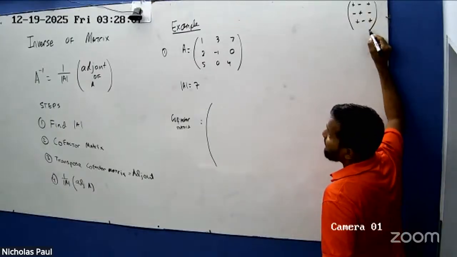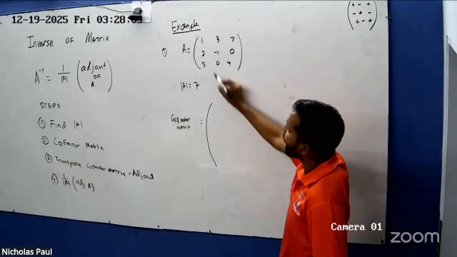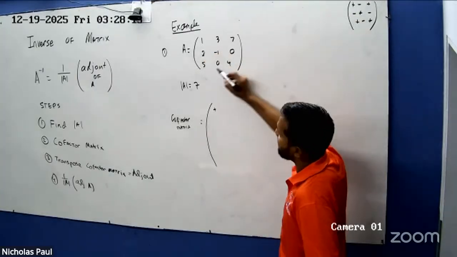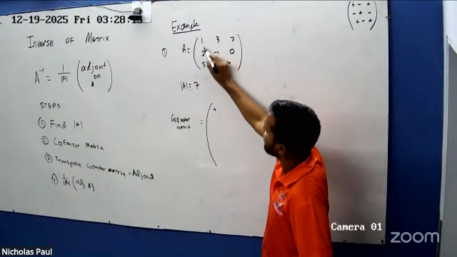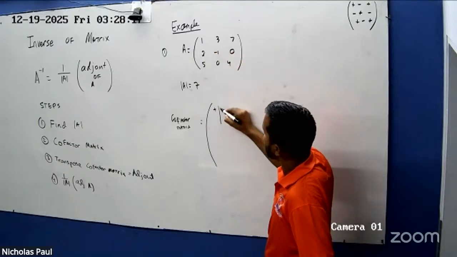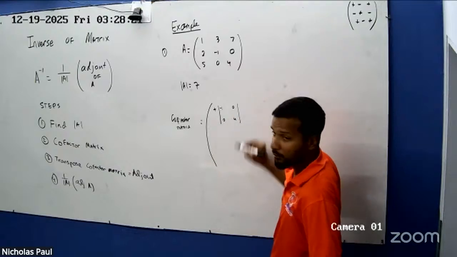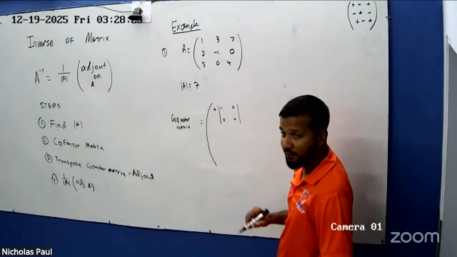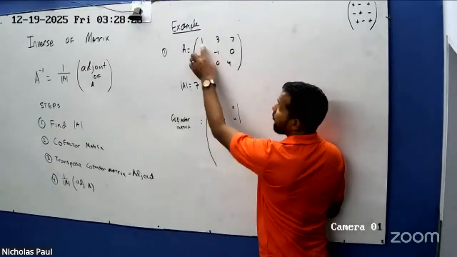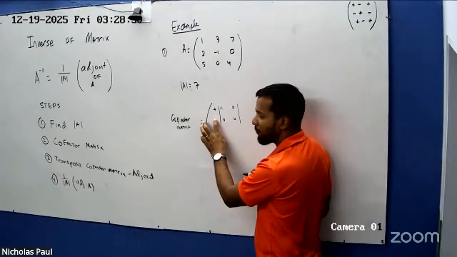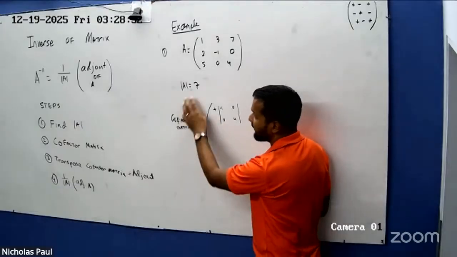To get the cofactor of 1, I'm using the sign, which is plus, and its minor. Its minor is minus 1 0 0 4. Remember that from last day? This is the minor of 1. But you would recognize I'm not multiplying by 1. I only multiply by 1 when I'm doing the determinant.